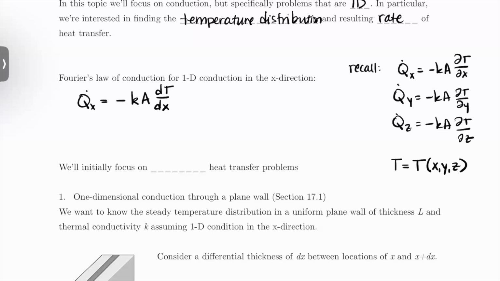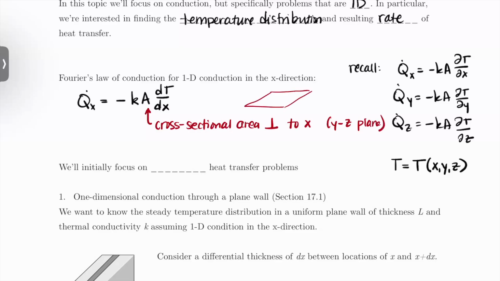Also a reminder, area is the cross-sectional area that is perpendicular to x. So this is the YZ plane. All right, so this is the x direction, and then this would be your area.